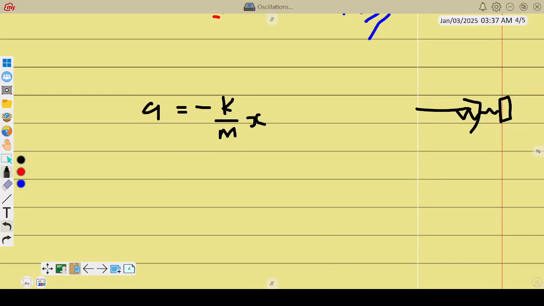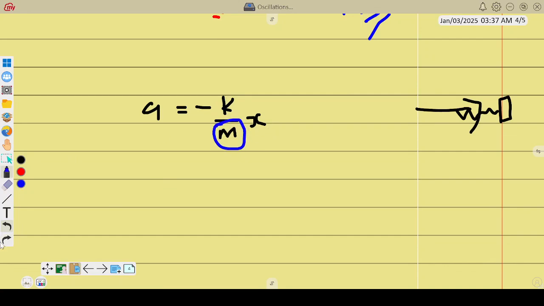So I think the compression, we know the value of x. We've calculated it, 0.51, and k we have been given. So the problem is m.